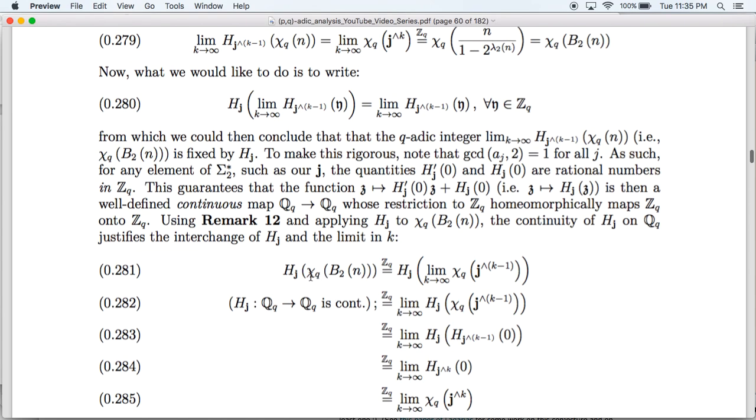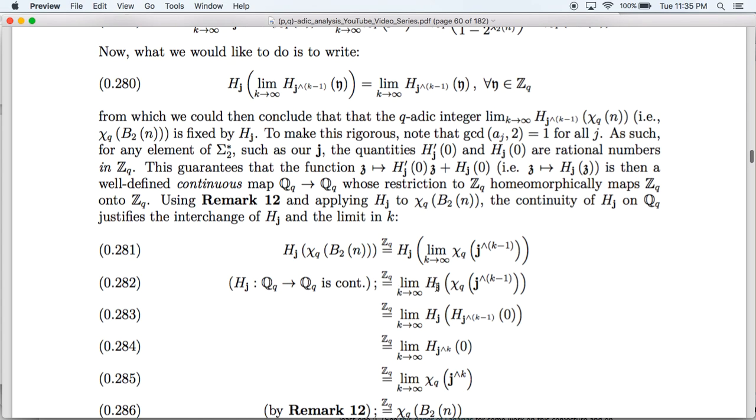H bold J of our integer, this is equal to H bold J of the limit. Since H bold J is q-adically continuous, we can interchange the limit and the application of H bold J, just like we would do in basic analysis.